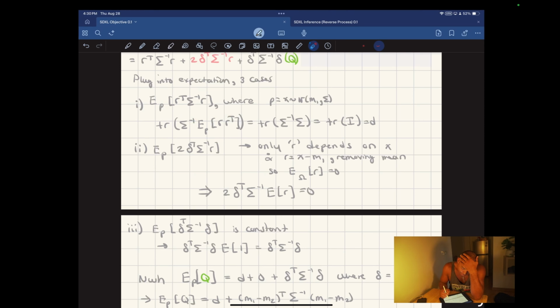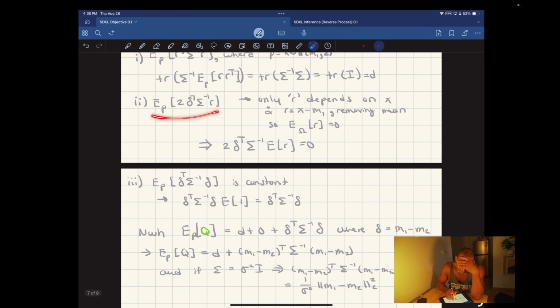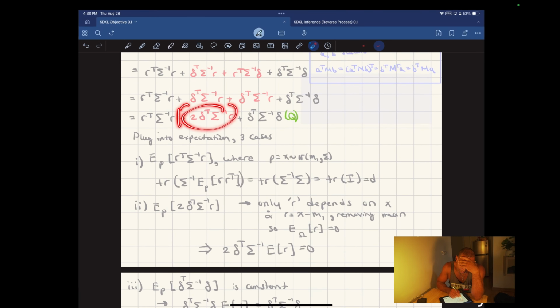This again, right, is the variance, is the covariance matrix, okay? So then this is the identity, and this is another D. So this is D.